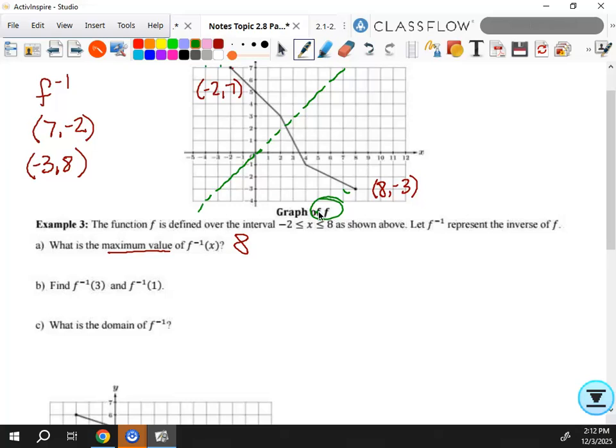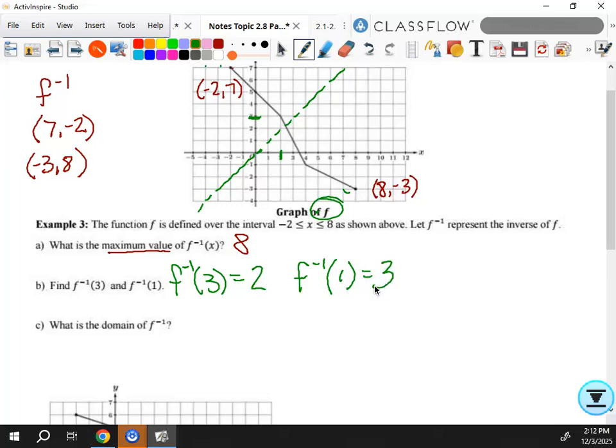All right, so then F inverse of 3. What is F inverse of 3? 2. Yes. What is F inverse of 1? 3. Good.